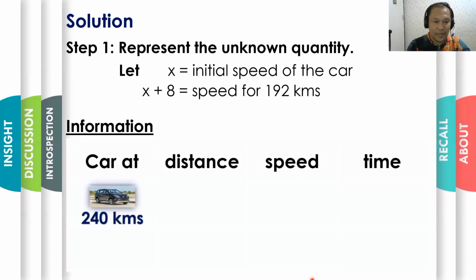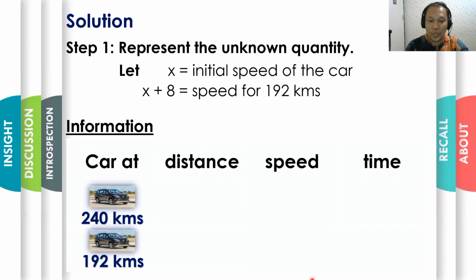We do have the car at 240 kilometers and the car at 192 kilometers. The distance of the car at 240 kilometers is really 240, and the distance of the car at 192 kilometers is 192.